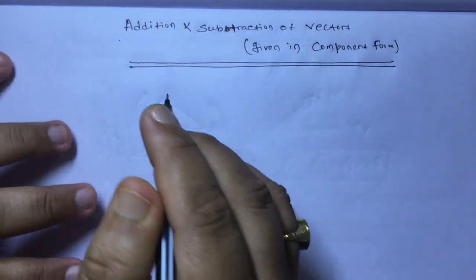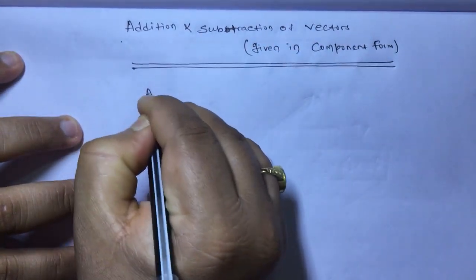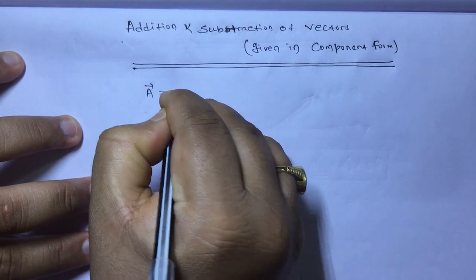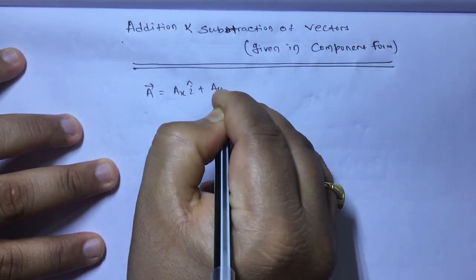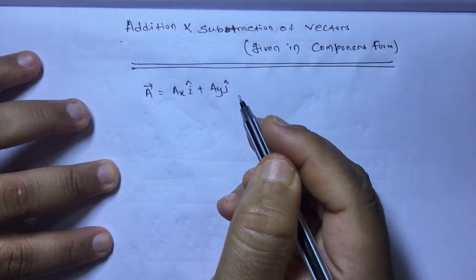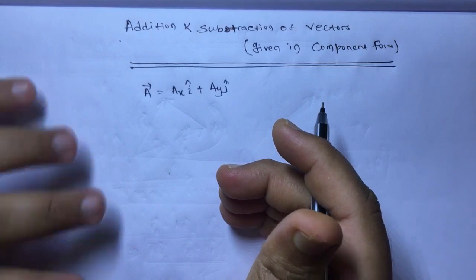Now, let us learn, if two vectors and their angles are not given, rather two vectors are given like this: A vector equal to ax I cap plus ay J cap. Let us consider 2D vectors first. The same concept can be extended to 3D also.